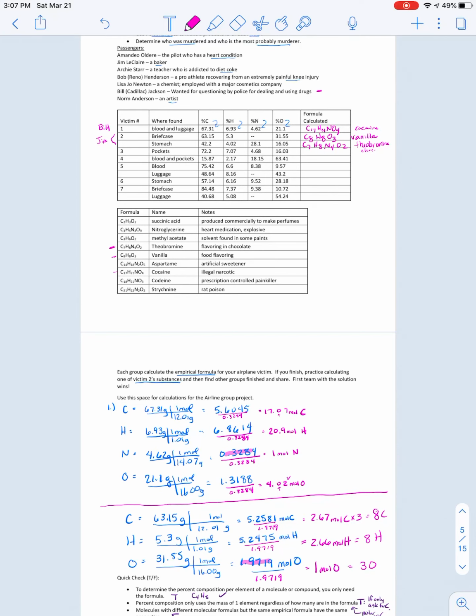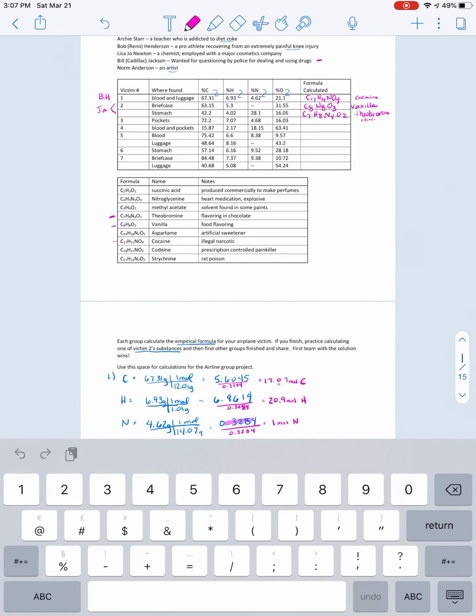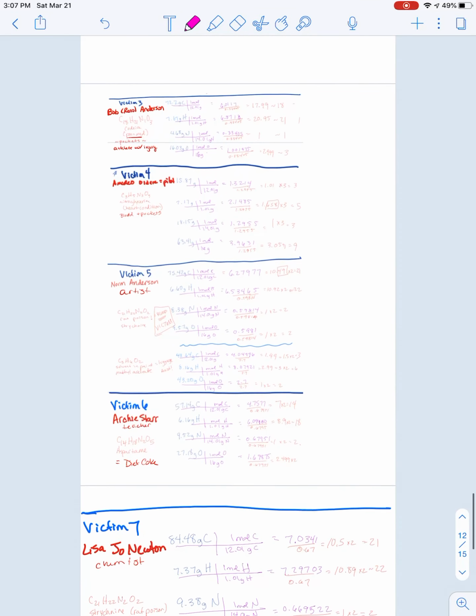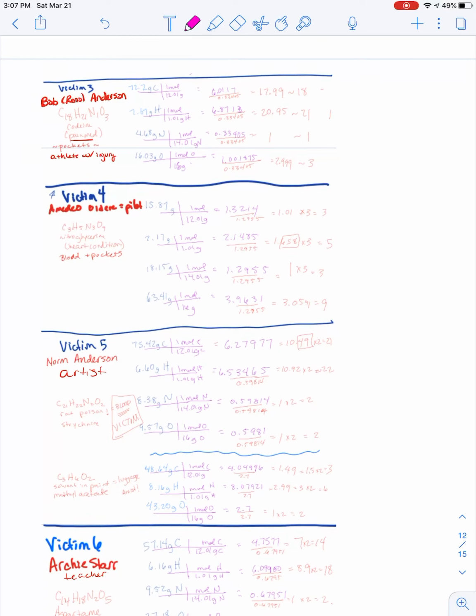Now you would have gone around the room, gotten all of the other people's numbers. I have them all worked out at the end to show you who's got what. So if I scroll, I have an additional page added. If I go to, what's actually on 14, at the very end, whoop. So here we go. Here's our victim 3.